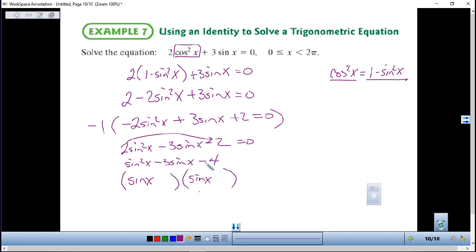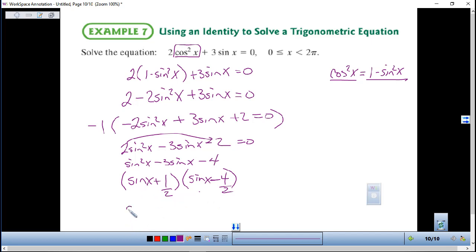This thing right here tells me I'm going to have opposite signs, 1 plus, 1 minus. This tells me the larger of the two numbers is going to go with a minus. So what numbers multiply to give me 4 and subtract to give me 3? Well, they're going to be 4 and 1. This tells me the larger number goes with the minus. Alright, and then whatever I multiplied by here, I'm going to have to divide by here.